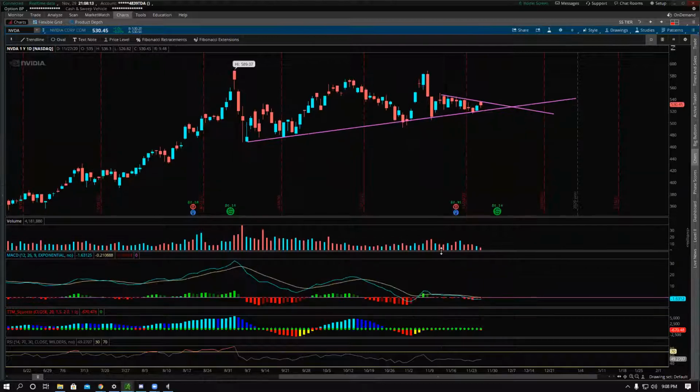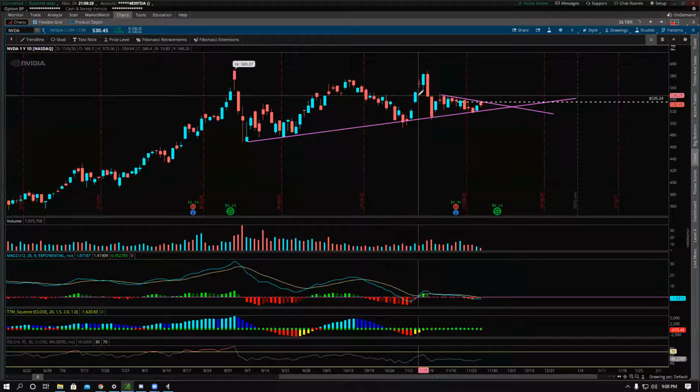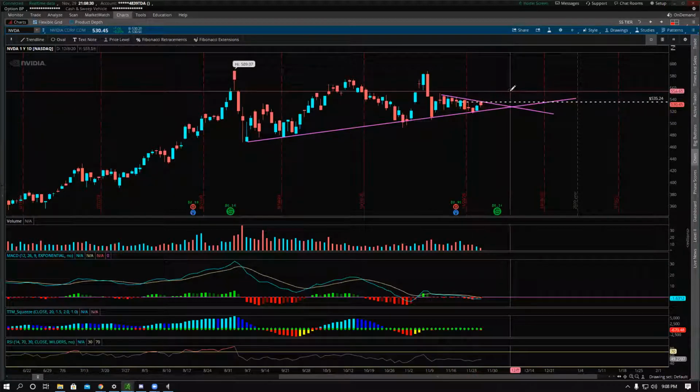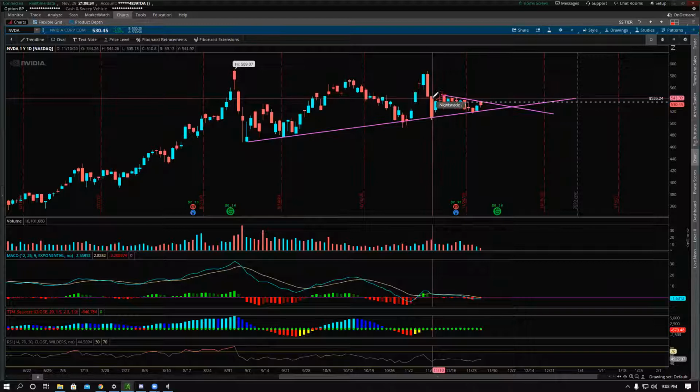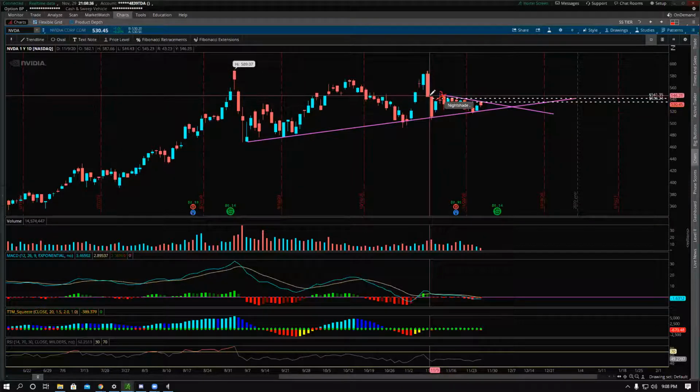But as far as the patterns and levels go, it looks ready to break out. About 535. We chilling. It's a great line. It's a good line to watch. You can play this to 540s and 545s. Once that breaks out there, we'll be looking at that.